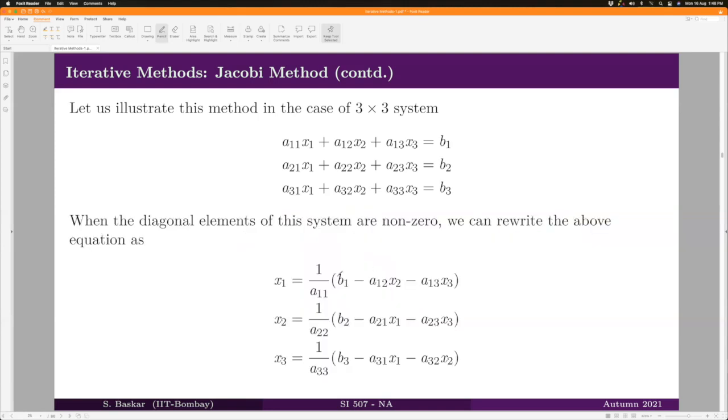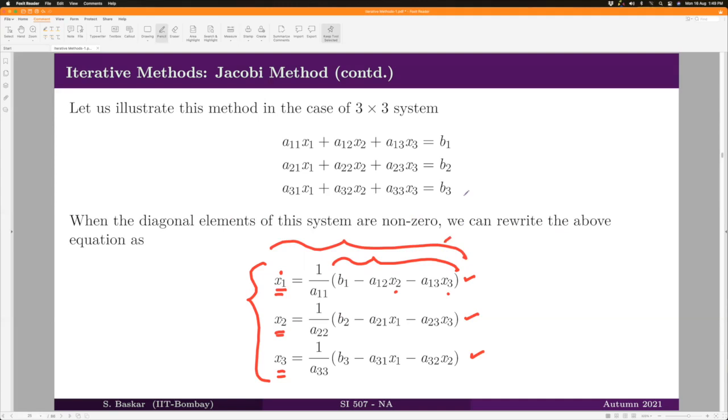And that gives me this formula where x1, x2, x3 are calculated explicitly, provided your right hand side is known to you. Otherwise, x1 is written in terms of x2 and x3, and similarly the other ones, where you don't know them, right? Therefore, strictly speaking, this is in no way better than the original system, but our idea is something different.